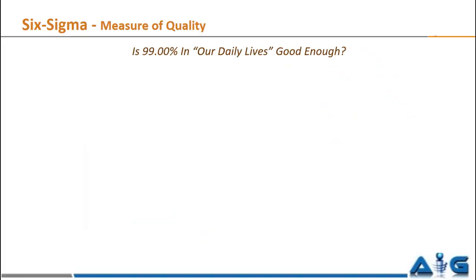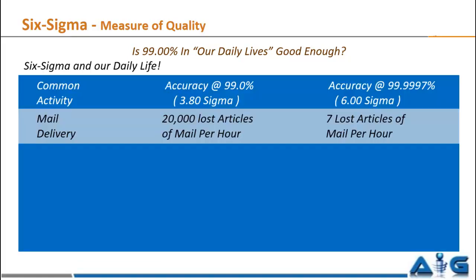If something is 99.00% right in our daily lives, is it good enough? A mail delivery organization which is operating at 99% correctness or 3.8 sigma may end up with 20,000 lost articles per hour. While if it were to operate at 6 sigma, the loss would reduce to 7 articles per hour.